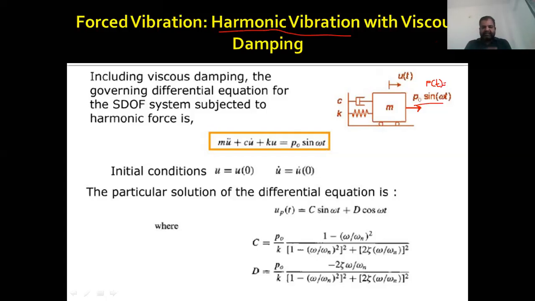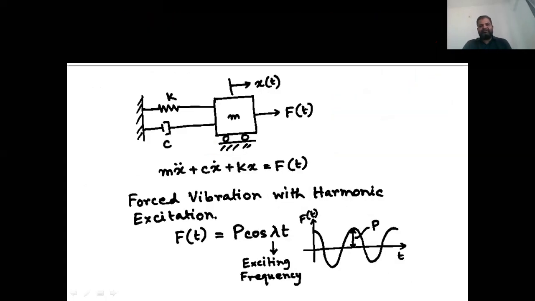Now this is the summary of what I'm going to discuss, but let us take more detail and try to explain this particular thing. So let us draw this. First I am drawing this figure. This is my mass, connected with the spring.